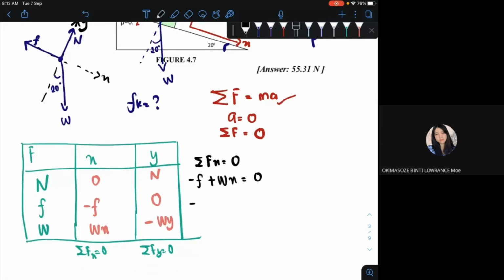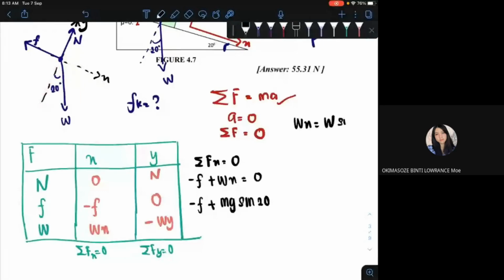Okay, so buat masa ni saya biar dia begini and then Wx saya akan jadi mg sin 20. Okay, kenapa mg sin 20? Wx adalah W. Theta kamu sentuh paksi Y. Maka X akan ambil sin.